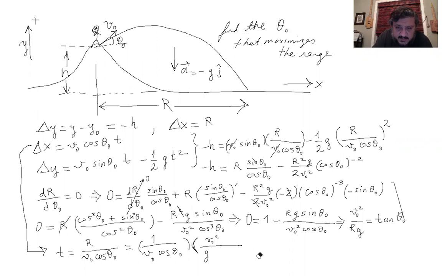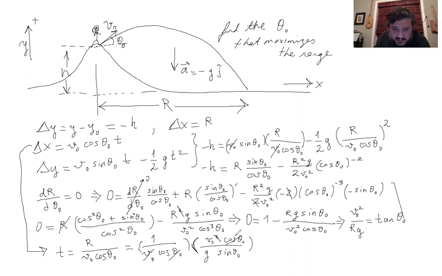Instead, write 1 over tangent is cosine over sine, right? So why don't I just write here cosine theta naught over sine theta naught. So I get rid of one of the v naught in the numerator.